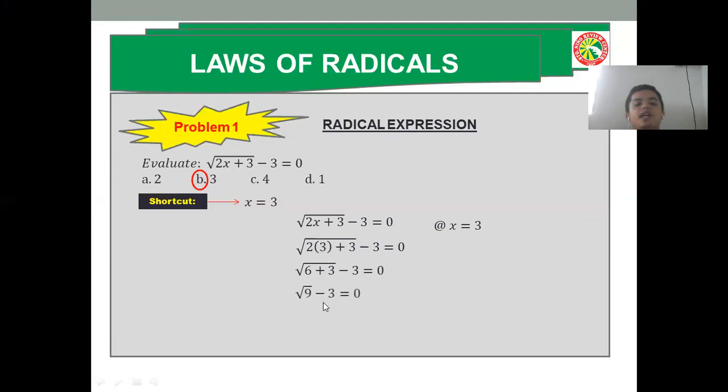What is square root of 9? That is 3. What is 3 minus 3? That is 0. So if it satisfies left to right, 0 is equal to 0, therefore that choice is correct. So 3 is the correct answer.